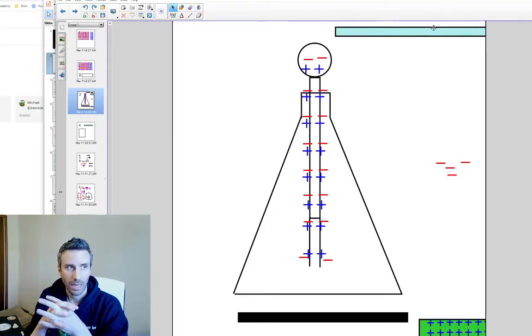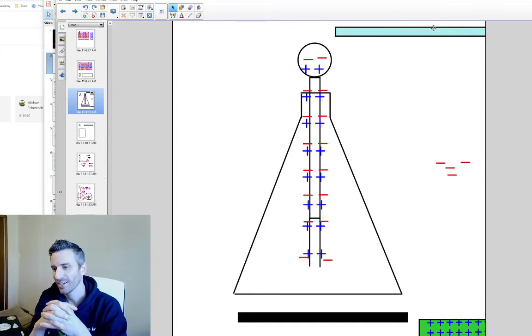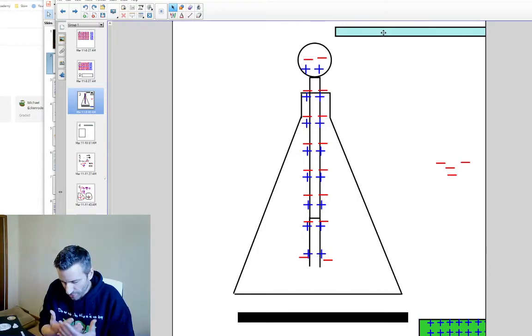Let me go over what happened with Benjamin Franklin, because frankly, pun intended, it's actually a pretty cool story. This was the very early days of understanding anything with electricity.